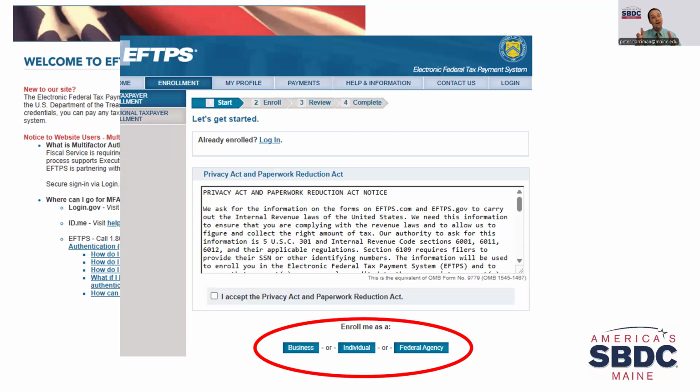The only way you'd have business taxes is as a corporation, when you have corporate taxes, right? And then you would have that business account. So when you do the EFTPS, make sure you're signing up for the right type of account, or you won't have that option on the drop-down menu to pay estimated taxes.